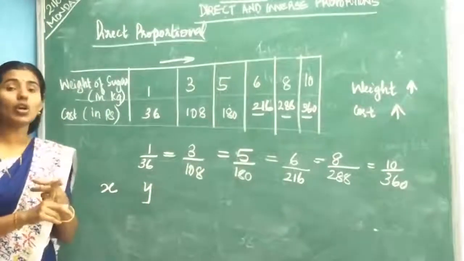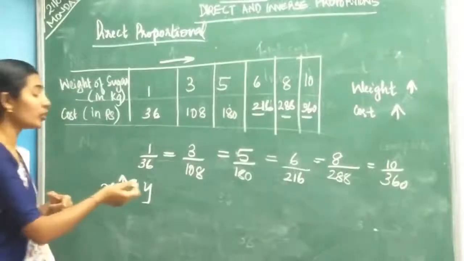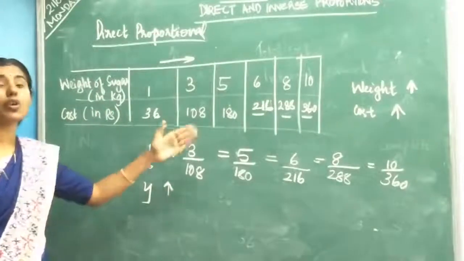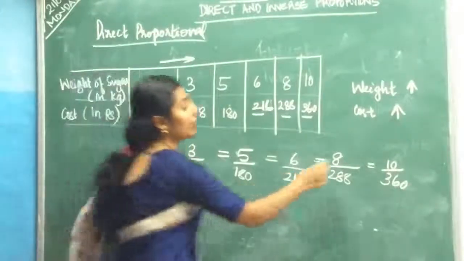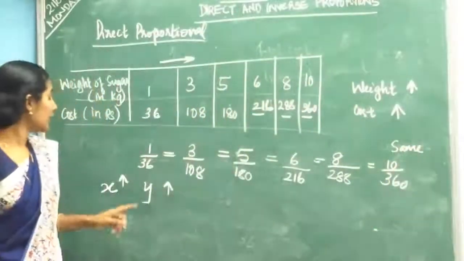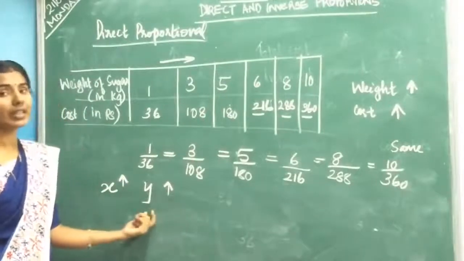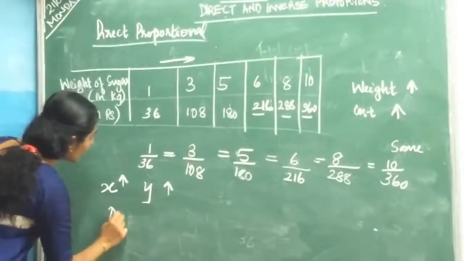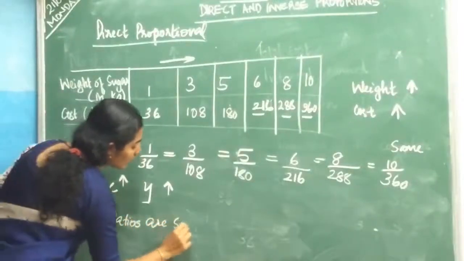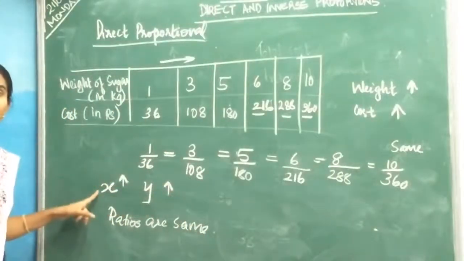If one quantity is increasing and the corresponding other quantity also increases, and you see the ratios of the quantities are the same, then we can say the two quantities are in direct proportion.